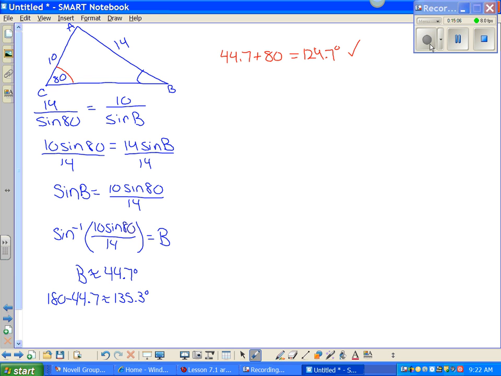So I've got to take my other one, the 135.3, and add 80 to that. What does that give me? Doesn't give you 180.